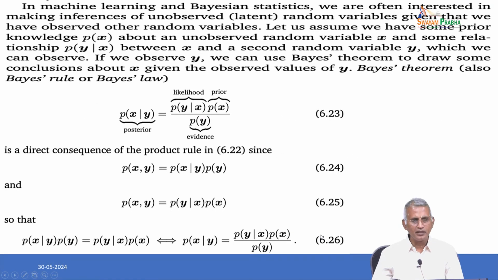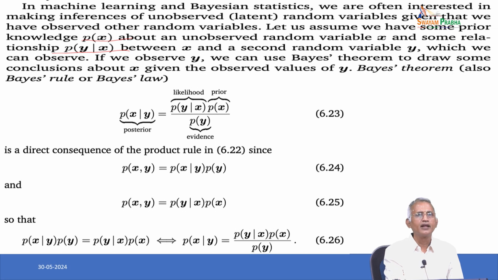Now, in machine learning and Bayesian statistics, we are often interested in making inferences about unobserved latent random variables, given that we have observed other random variables. We assume some prior knowledge p of x about the unobserved random variable x and some relationship p of y given x between x and a second random variable y.